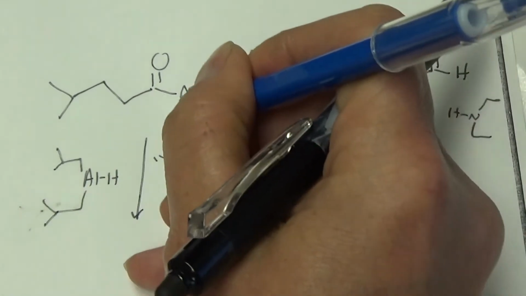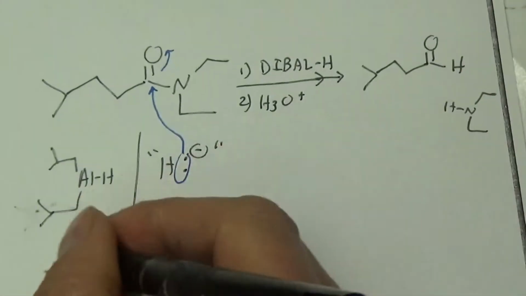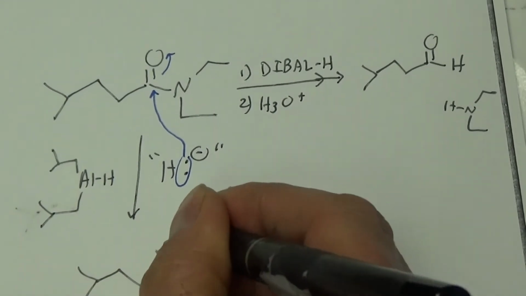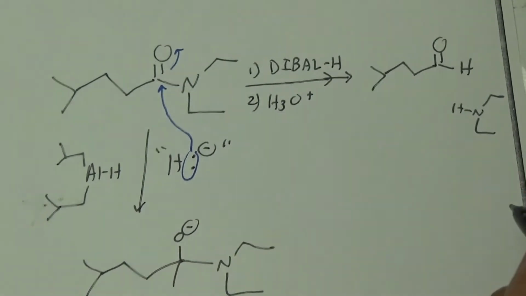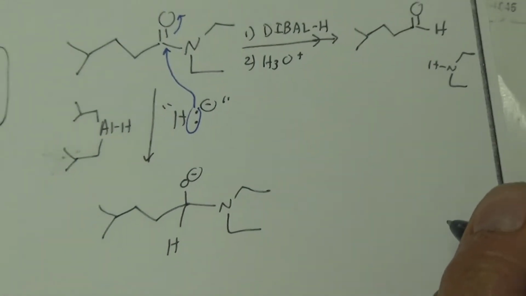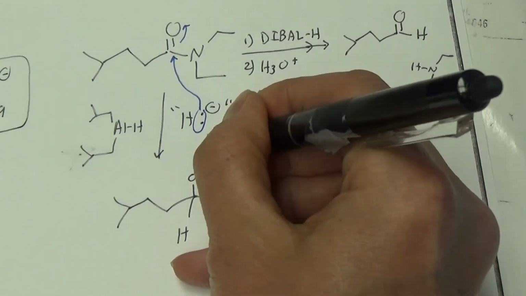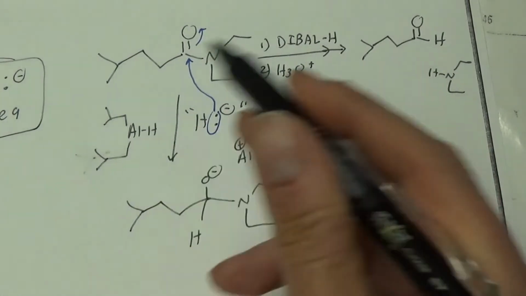So circle the hydrogen, it kicks electrons up. Got your ethyls, got your hydrogen, and just like with esters, we say AlX2. It's a different AlX2, and the X's are probably isobutyl groups.